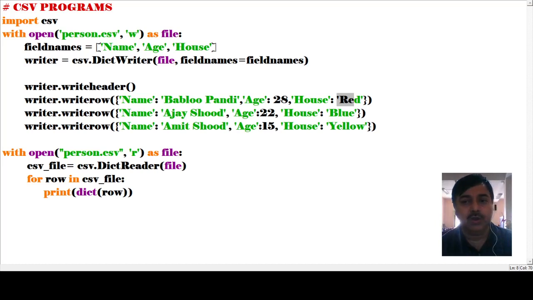There we find writerow, okay, writerow. So writerow means when we are writing it, we then have with open person.csv, in r mode, as file.